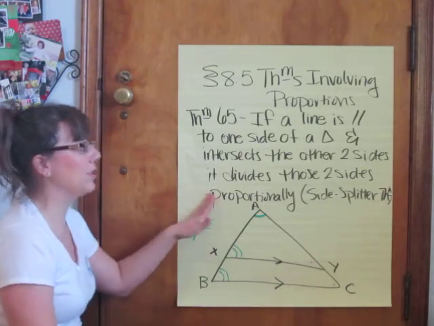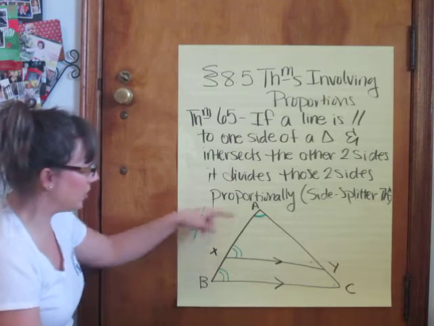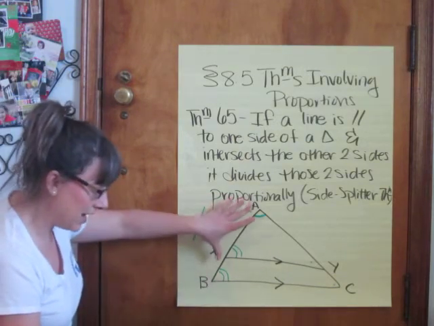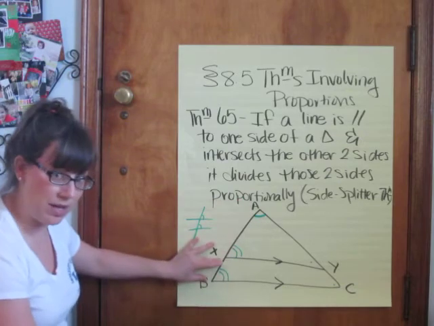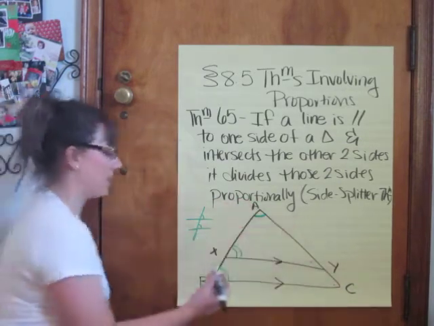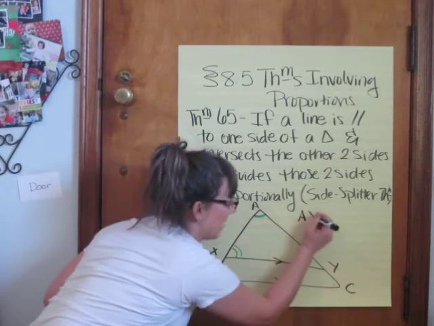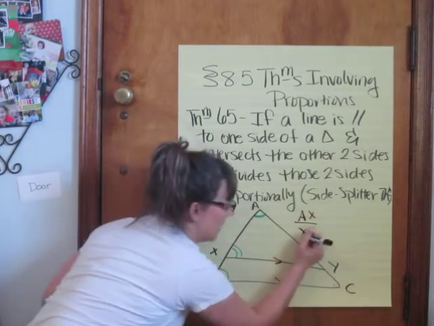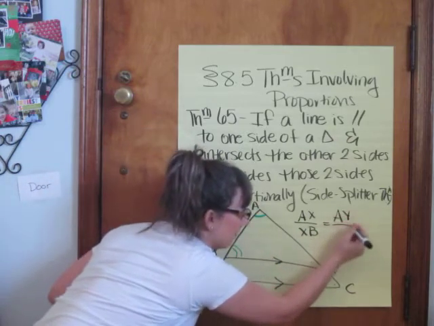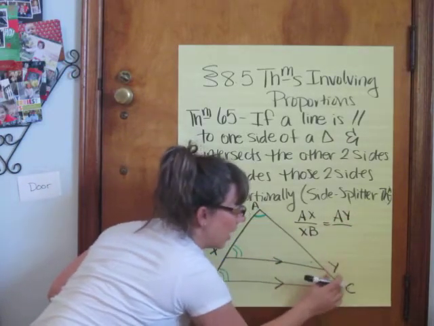However, this theorem lets you go one step further, and you don't actually have to do AX over the whole thing, AB. You can do the little sections. AX over XB is proportional to AY over YC. So this theorem actually tells us that AX over XB is equal to AY over YC.